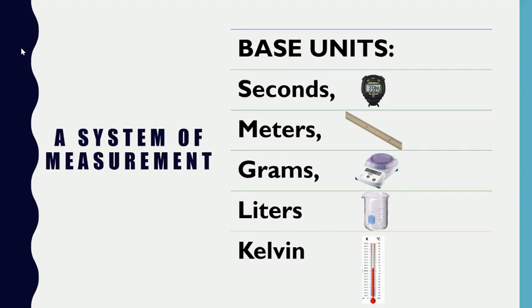If we're measuring a length, we're going to use the distance meters. If we're measuring a mass, we're going to use the units of grams. If we're measuring volume, we're going to use the units of liters. And if we are measuring temperature, we are going to use the units of Kelvin. So what we are measuring determines which unit we use to describe our measurement.